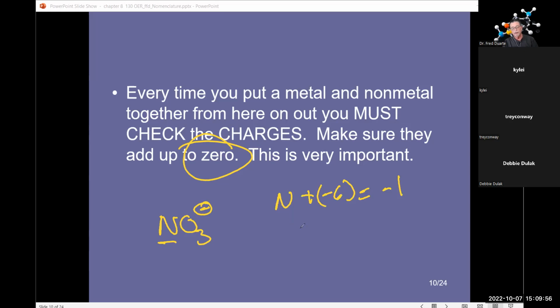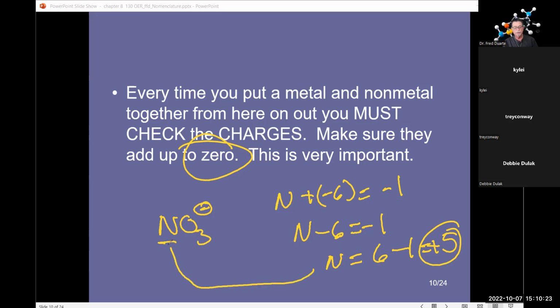So I've created a very simple algebraic equation: nitrogen - 6 = -1. We can solve for nitrogen, adding 6 on both sides. So now nitrogen is equal to +6 - 1, which is +5. So in this type of structure formula, nitrogen has a +5 oxidation number, okay?